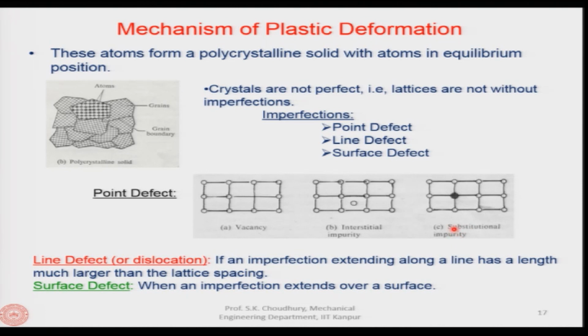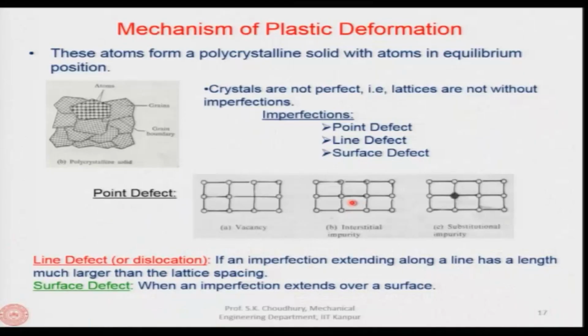It may be a line defect, a point defect, or a surface defect. Now, when the shear stress is applied to the material with the imperfection or with the dislocation, then instead of the bodily moving the material, the imperfections move.